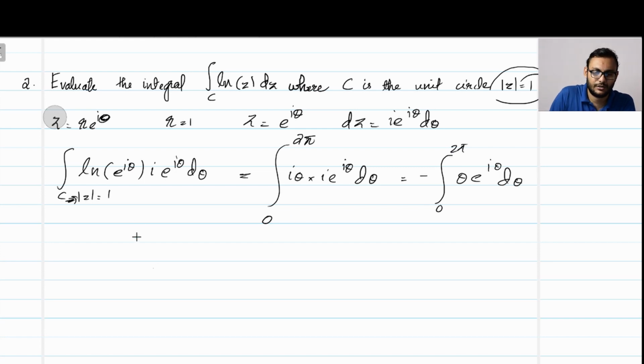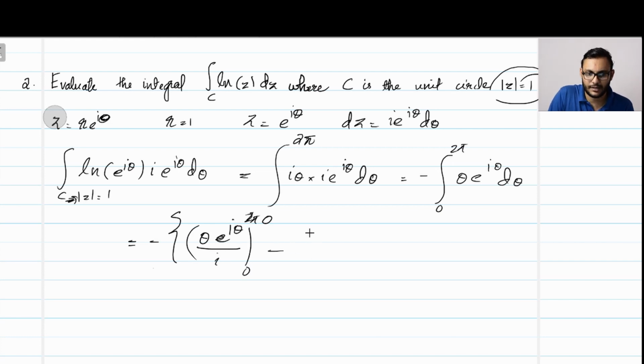This can be evaluated using the UV method: minus, we can integrate it as u times the integral of v, that is θ times e^{iθ}/i, to the limit 0 to 2π, minus the integral from 0 to 2π, the derivative of θ is 1, times e^{iθ}/i dθ.